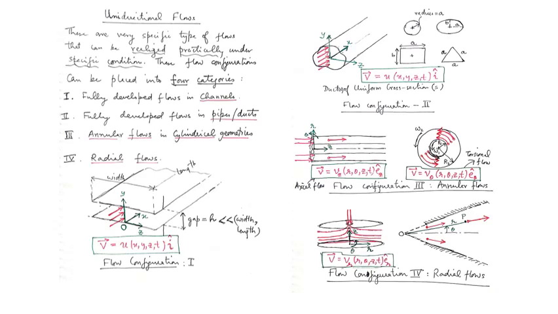Now these are flows in these types of flow configurations or systems which I have shown. The first one on the left has two circular discs separated, one over the other, by a certain distance, and fluid enters the top disc through the central aperture or hole.